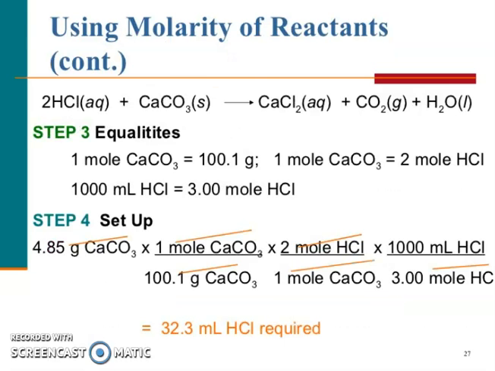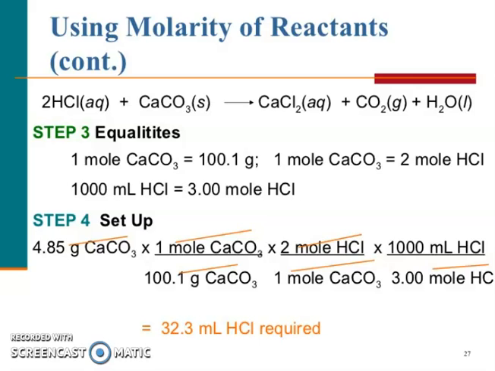So my friends, using molarity of the reactant: 2 moles hydrochloric acid, 1 mole calcium carbonate, give 1 mole calcium chloride, 1 mole carbon dioxide, and 1 mole of water. Step 3, equalities: 1 mole calcium carbonate is 100.1 gram, 1 mole calcium carbonate is 2 moles hydrochloric acid, 1000 milliliter HCl is 3 moles hydrochloric acid.